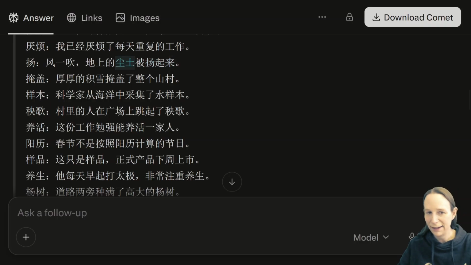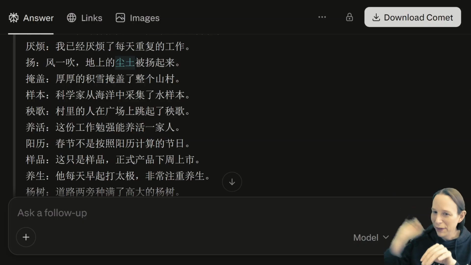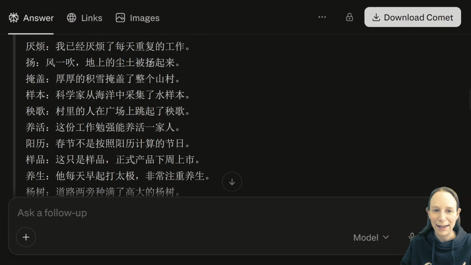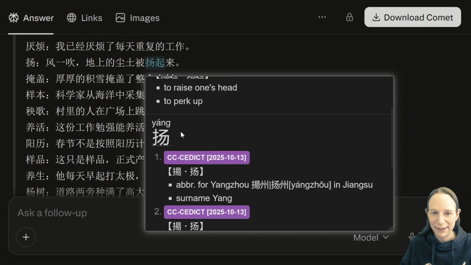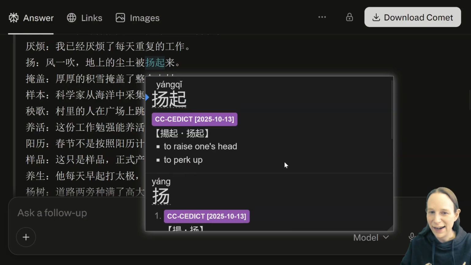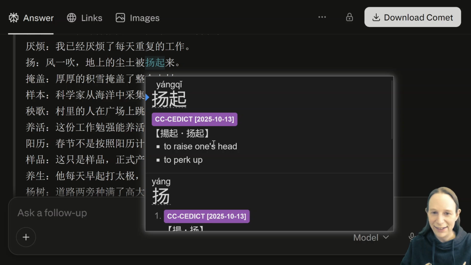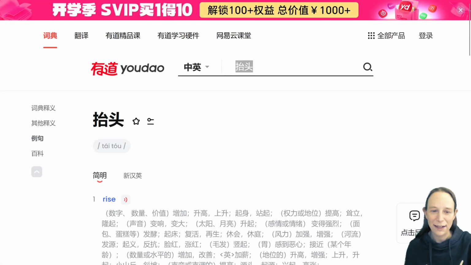Okay, so this is the dust on the ground when the wind blew, it went up, right? 扬起来. Yeah, 扬. Often use 扬起. So this is like raise and this is raise up. Okay. You can say, yeah, raise your head, but usually with head it is 抬头. It's kind of a better one.